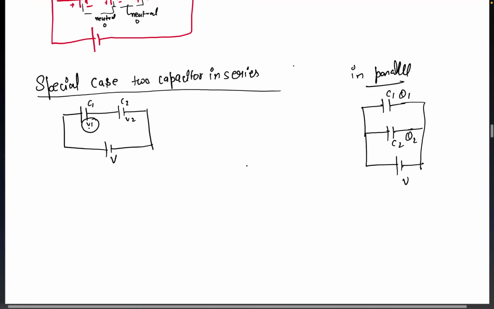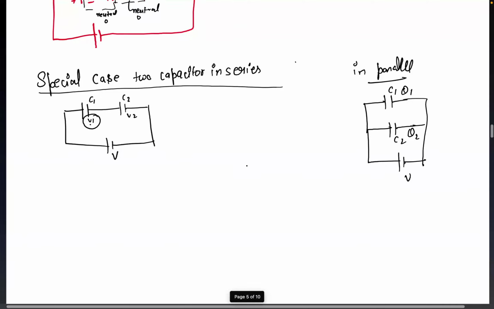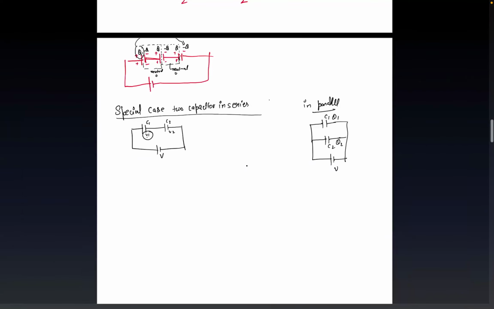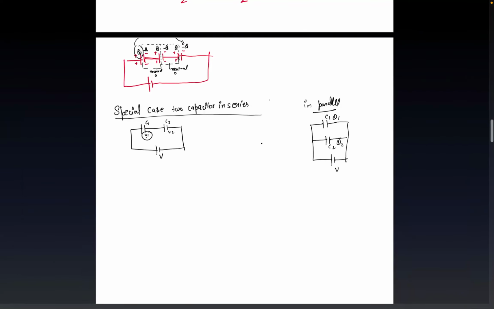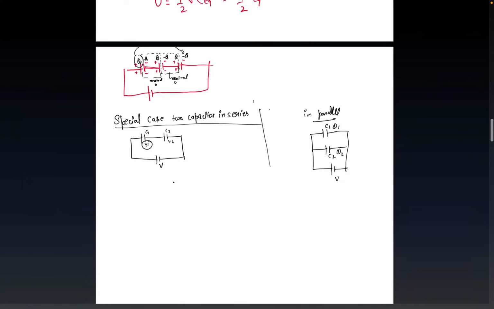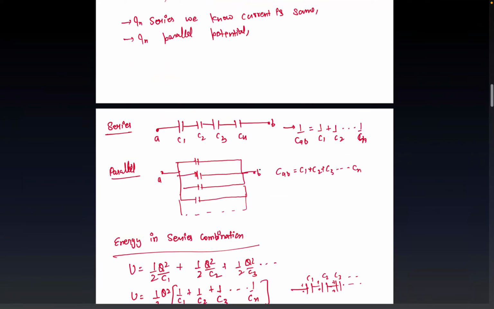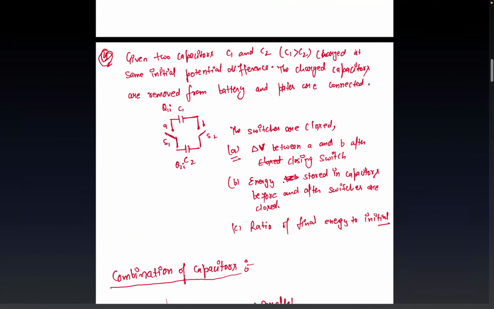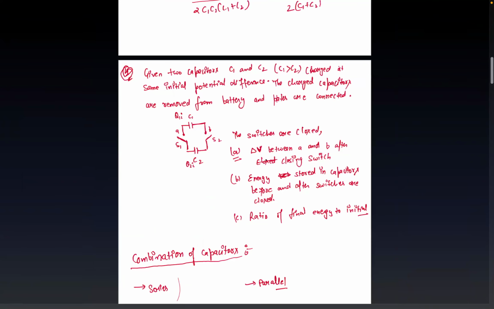So this is your task. I need to find V1, V2, and Q1, Q2, in two different cases. This is in the series, this is in the parallel. So basically you have three problems to be solved as your homework: one this, one another this one, and this bigger one, which has basically three problems in itself.